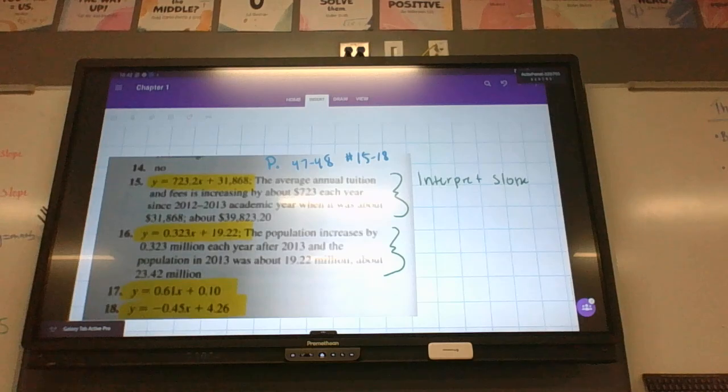And the population in 2013 was about 19 million. And when you plugged in whatever number, you got 23 million as a result. What type of population was it this time? The population of Florida we're talking about, people. This is real data.